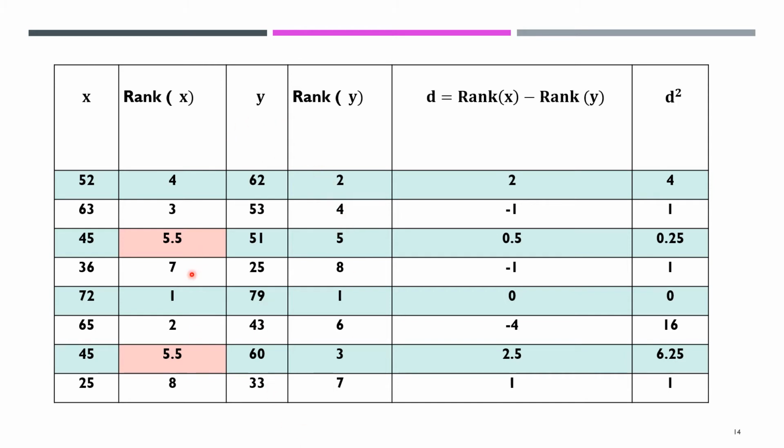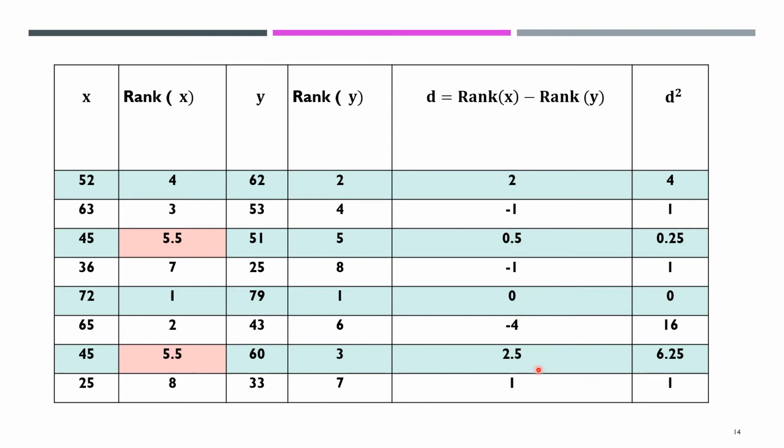Now, none of the values in the Y column are repeated, so we don't have to take the average of any ranks. The highest number is given rank 1 and the lowest number is given the last rank. Now calculating the rank of X minus rank of Y. So 4 minus 2 is 2, 3 minus 4 is minus 1, 5.5 minus 5 is 0.5, 7 minus 8 is minus 1, 1 minus 1 is 0, 2 minus 6 is minus 4, 5.5 minus 3 is 2.5, 8 minus 7 is 1.